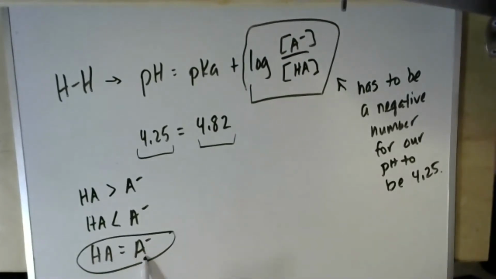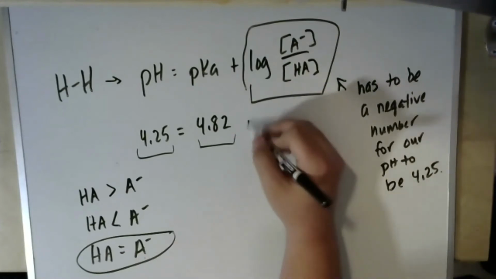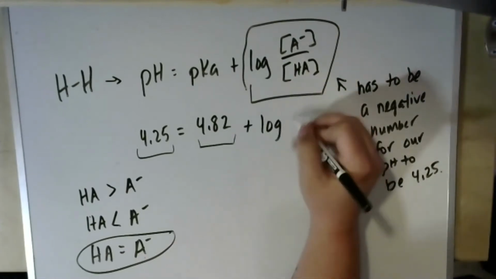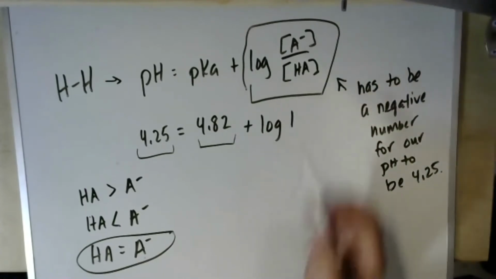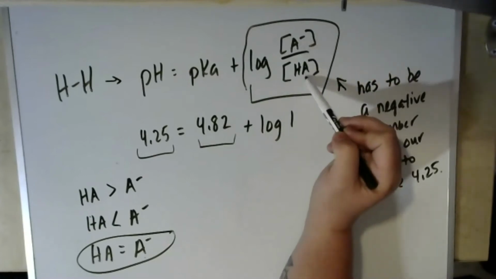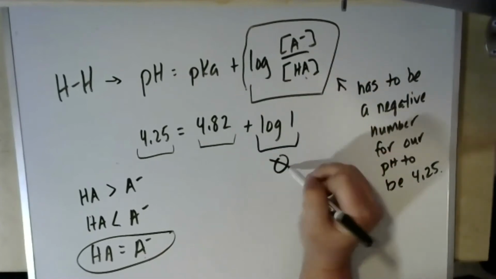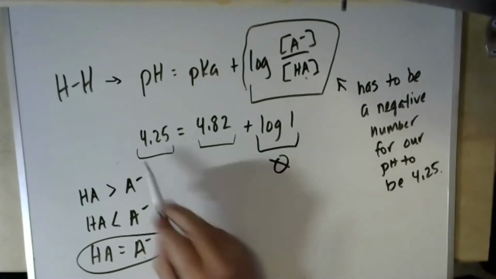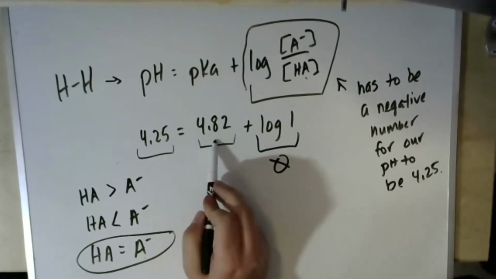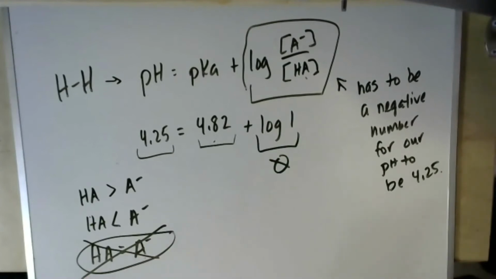Because if HA is equal to A minus, then this expression would be the log of 1. If the concentration of A minus was 2, and the concentration of HA is 2, 2 divided by 2 is 1. The log of 1 is 0. And 4.25 does not equal 4.82.